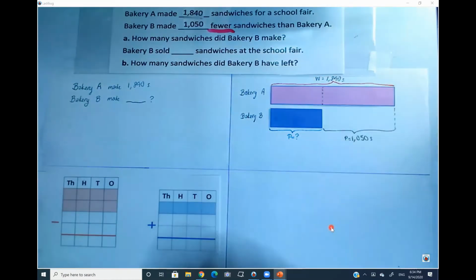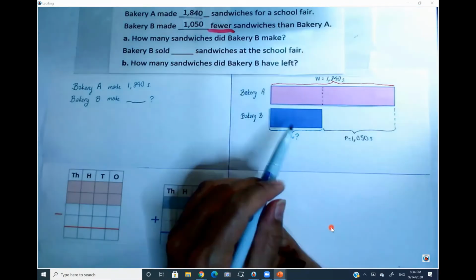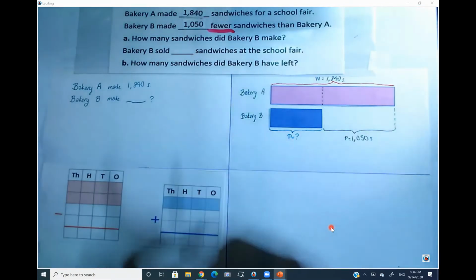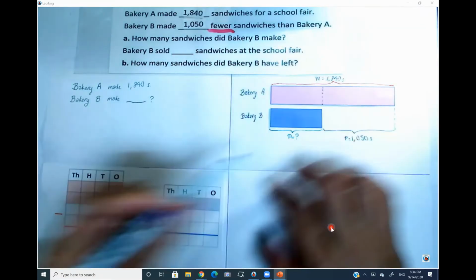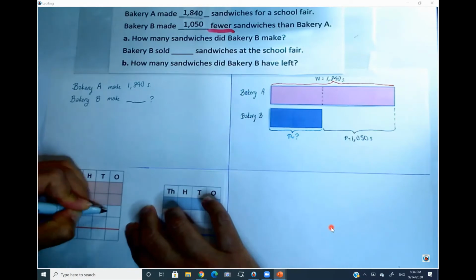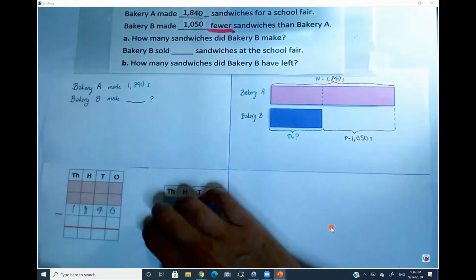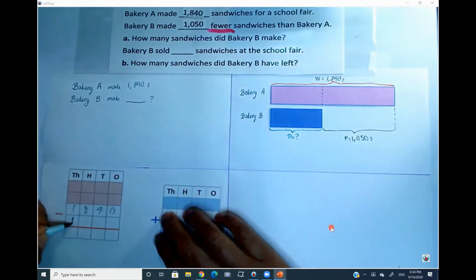When I'm doing a subtraction, I'm going to remember that the greatest number goes in the upper part of my subtraction. So 1,840 is the greatest number. So this one goes here, 1,840. And then we know that we have to subtract the least number, which is 1,050.